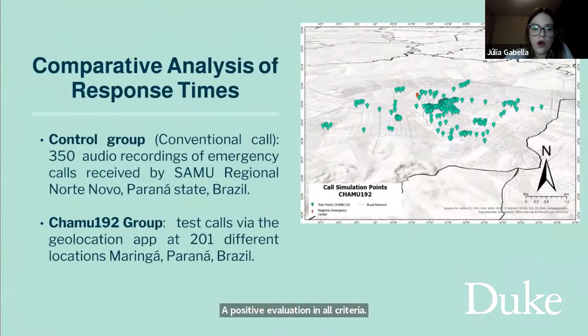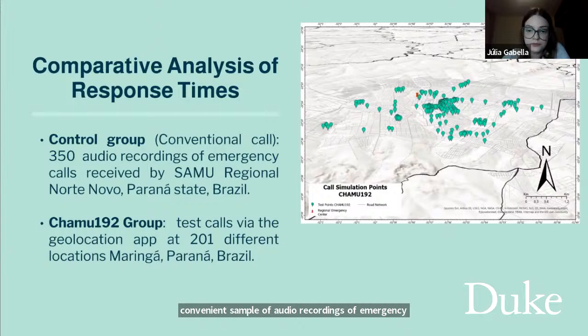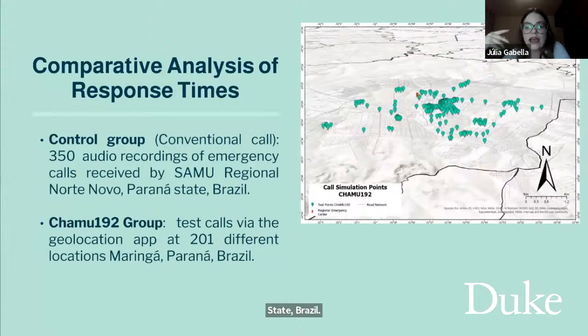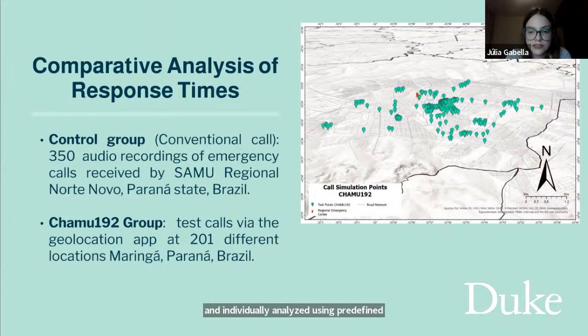For conventional call data gathering, we used a convenient sample of audio recordings of emergency calls received by SAMU, Regional Norte Novo, Paraná State, Brazil. And a sample of these calls were heard and individually analyzed using predefined categories of the Label Studio software.